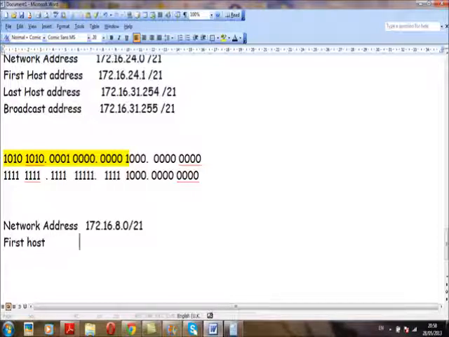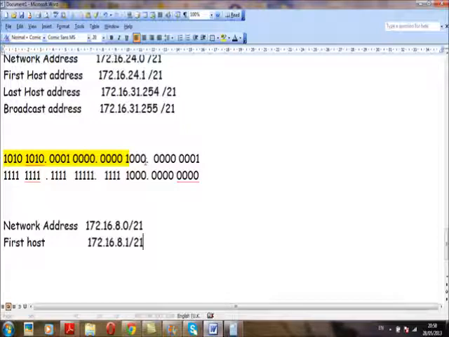So we've got 172, and all we need to do here is turn this into a 1 in binary. Then we've got 172.16.8.1/21. Yeah, straightforward.